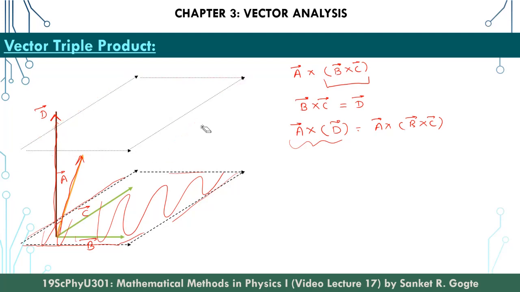Therefore, this A cross D now is going to lie in the same plane as that of B and C. You can check that by using right hand thumb rule.